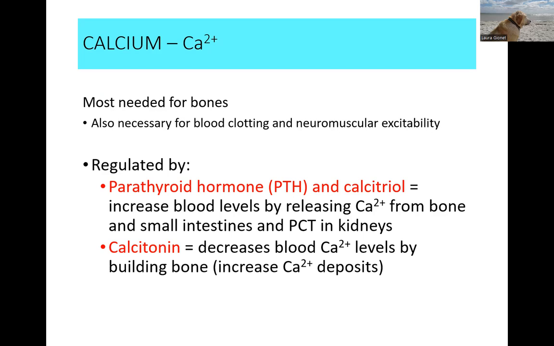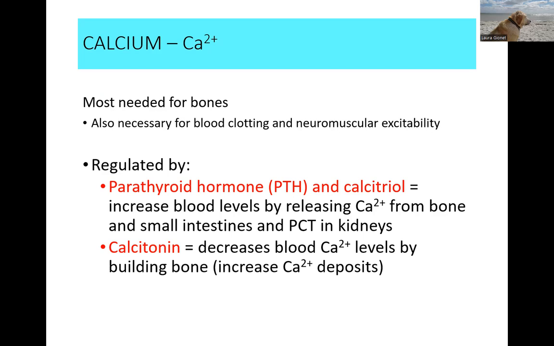When you have low blood calcium levels, lower than normal, we use parathyroid hormone. Remember, it has multiple mechanisms. It targets the kidneys to reabsorb calcium. It converts vitamin D to calcitriol. It stimulates the osteoclasts to break down bone and release calcium. Calcitriol targets the small intestine to absorb calcium.